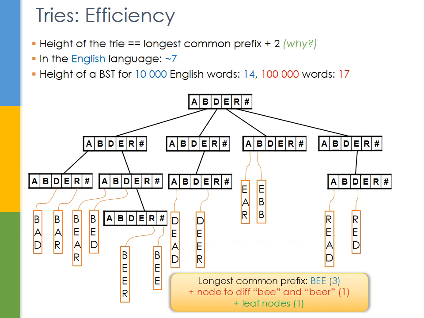In the case of the trie, if your longest common prefix is 7, the height will be 7 plus 2, 9, which is clearly much less deep than a BST. And of course, the more shallow your trees are, the faster you'll be able to search them. So yes, tries are more efficient than standard binary search trees.